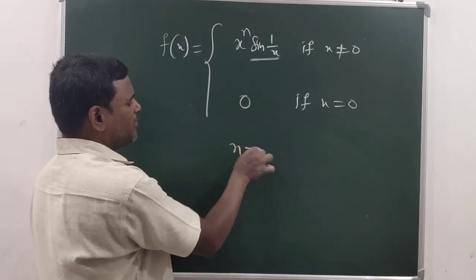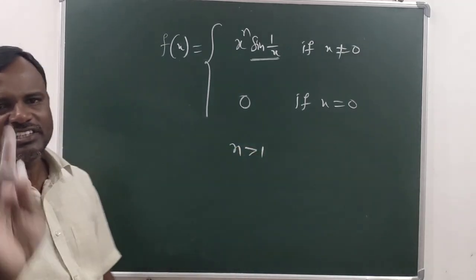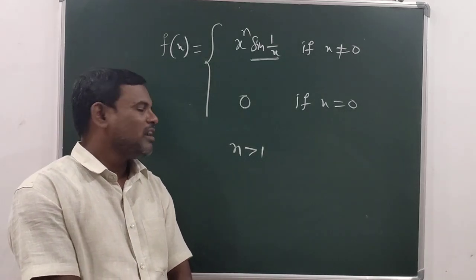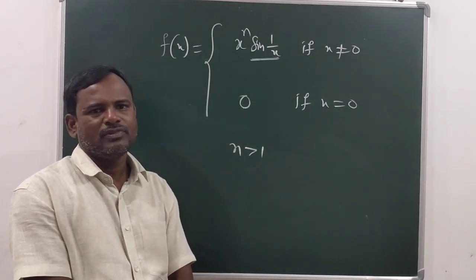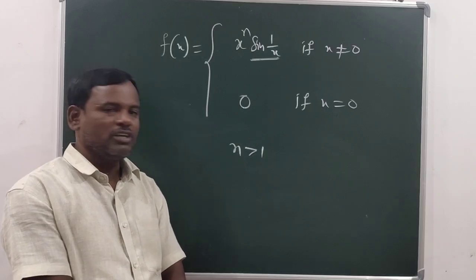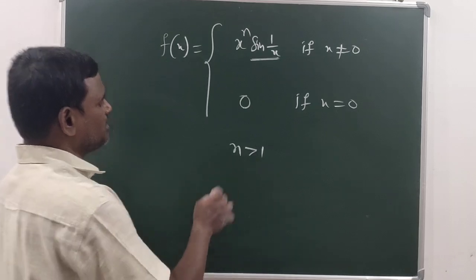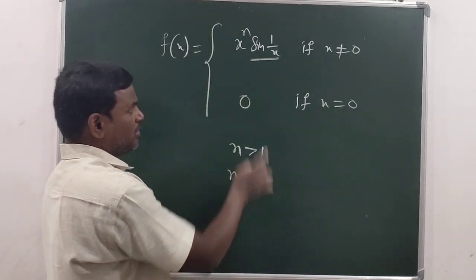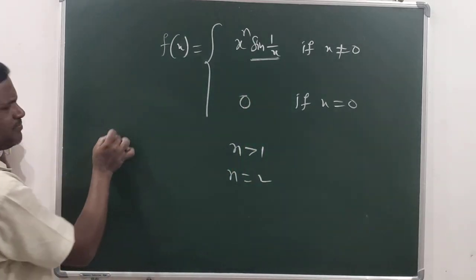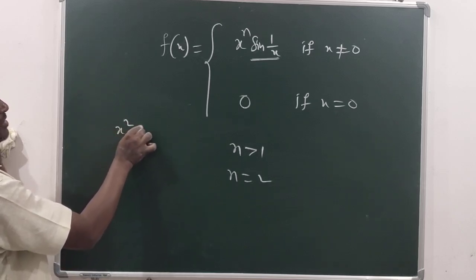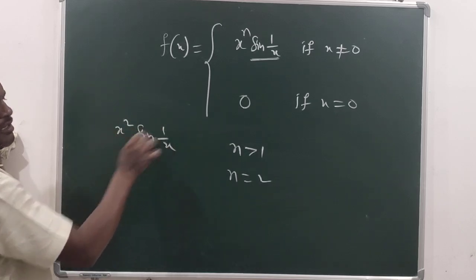If n is more than 1, that function is continuous as well as differentiable. When n is more than 1, I will check whether it is differentiable or not, continuous or not. For example, if I put n equal to 2, then that function will become x square sin 1 by x.